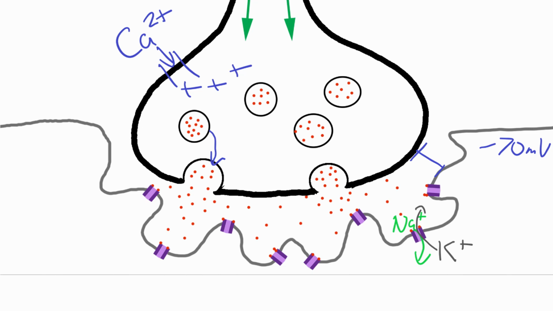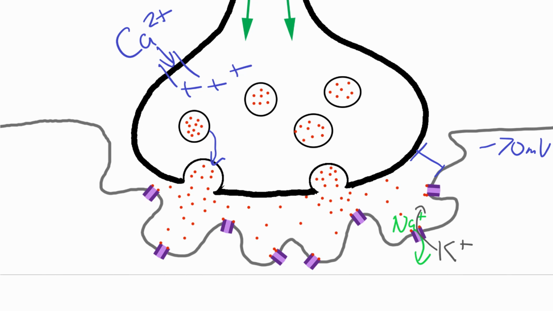Because as you have more positive ions entering into the cell, and not as many positive potassium ions leaving, that means that the inside membrane potential of negative 70 millivolts is going to become less negative. It's going to head towards negative 69 millivolts, negative 68 millivolts, and it can keep changing at that point.